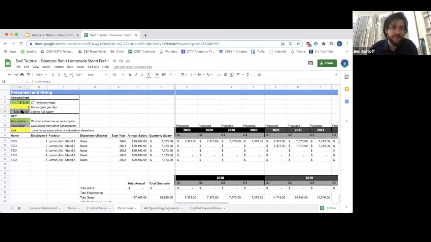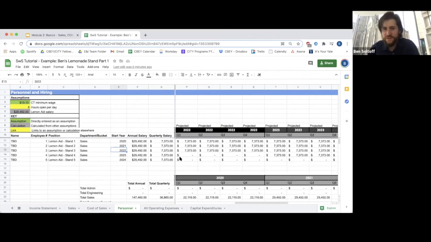And then this one is gray because it's a calculation of the minimum wage times hours per day times days per year. So I'm assuming that I just add a different lemonade each year. And you can see the start years are here. These are also assumptions. And then that feeds automatically into this part of the financial model. And so we start to have our personnel costs building in.